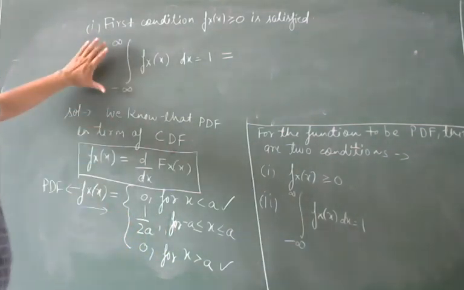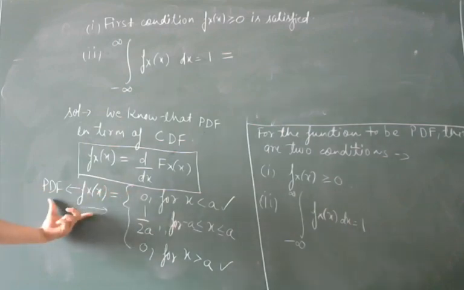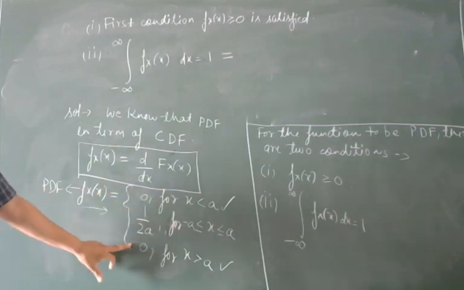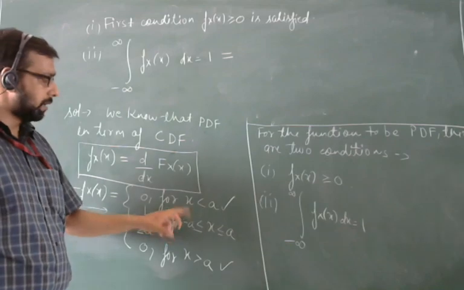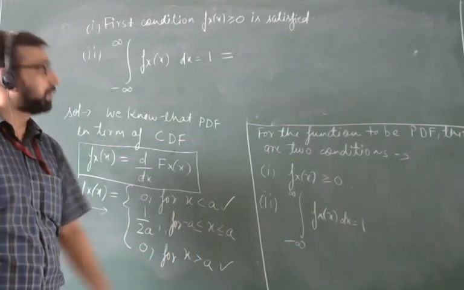Now break this summation into three parts, because according to the given PDF there are three durations: for x less than minus a, for x between minus a to a, and for x greater than a.